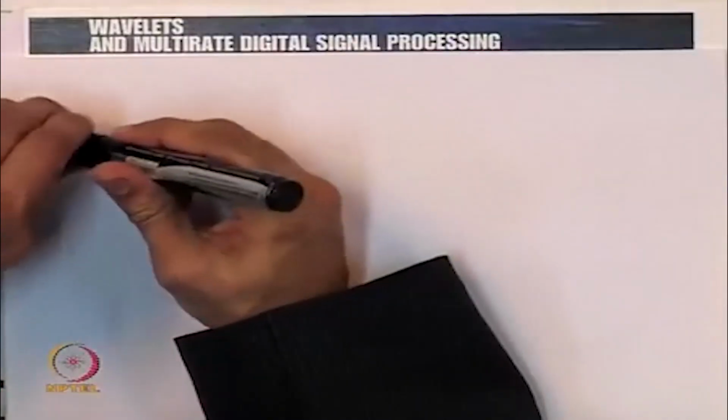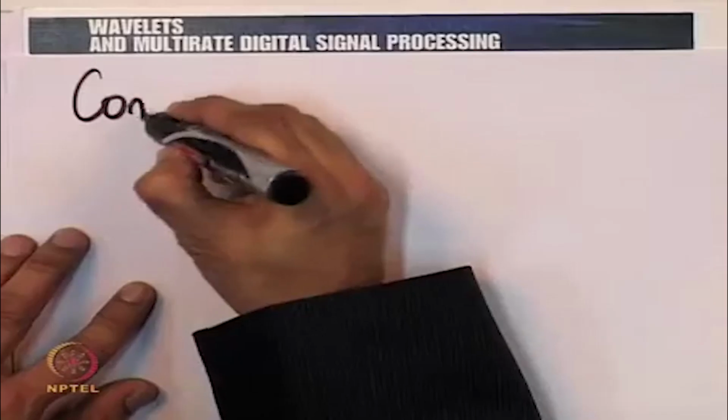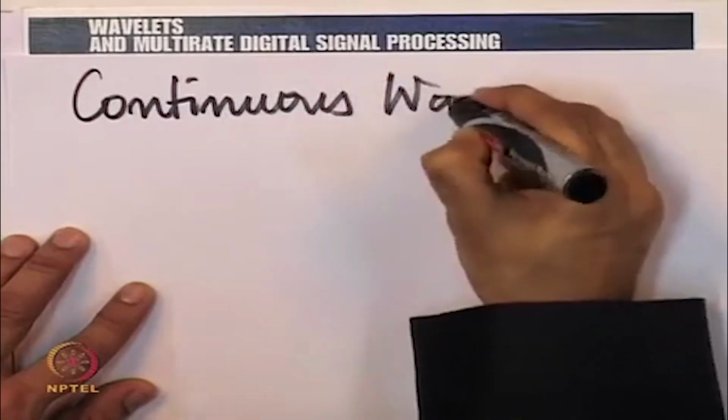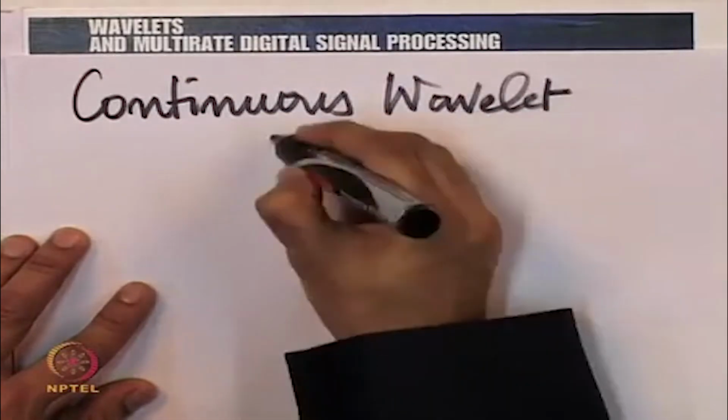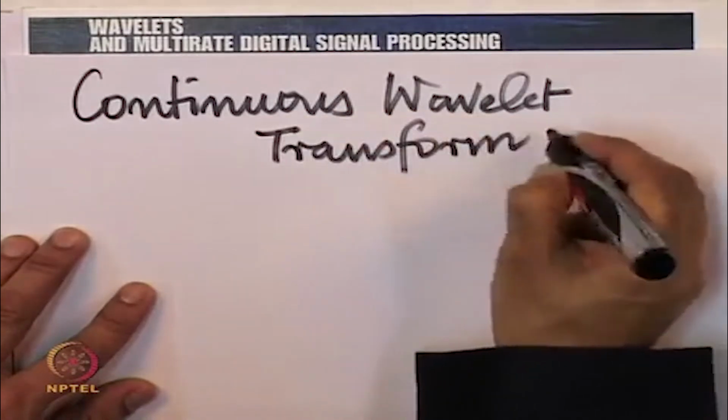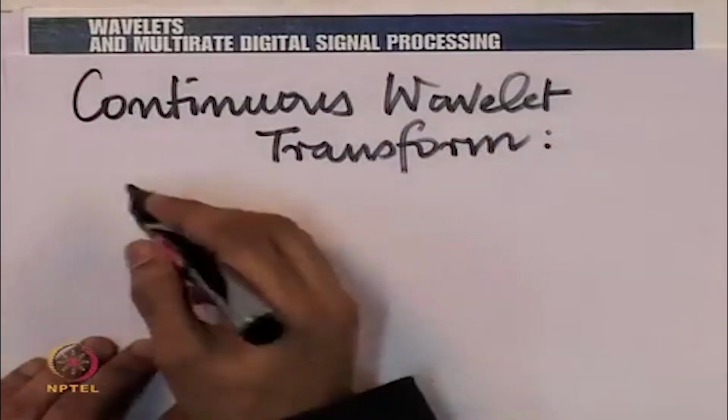So, in general, what is the continuous version of the wavelet transform? The continuous version of the wavelet transform is essentially a dot product again.